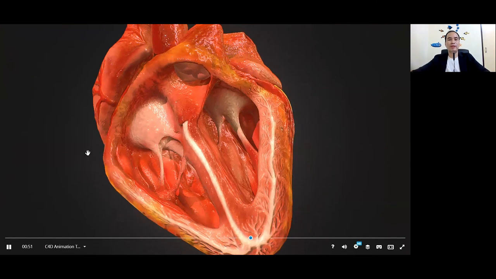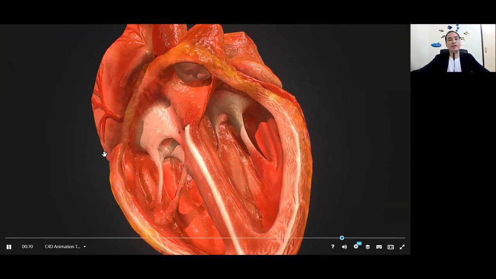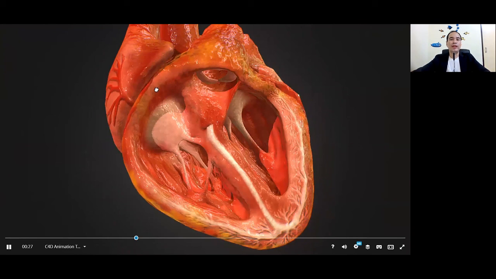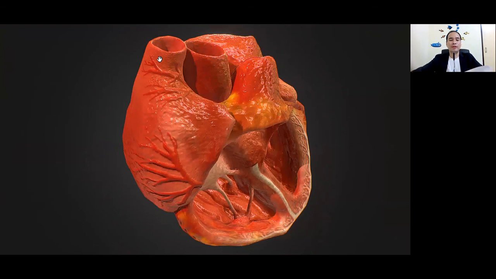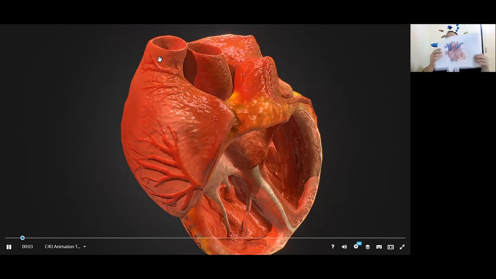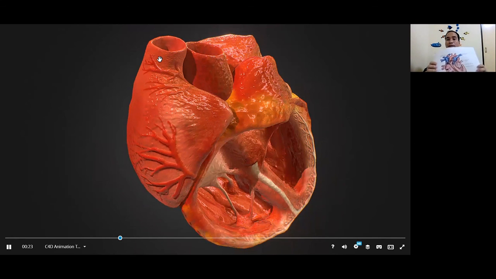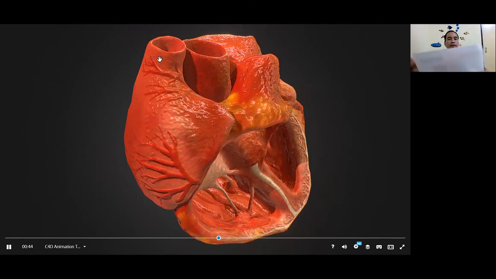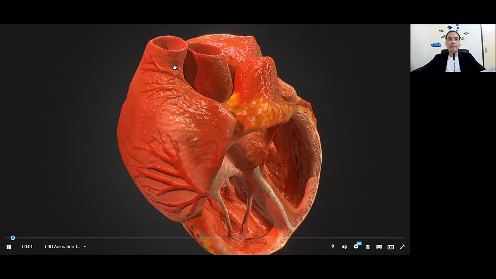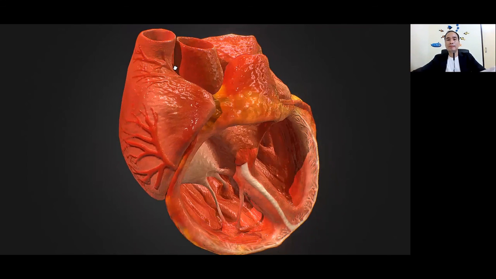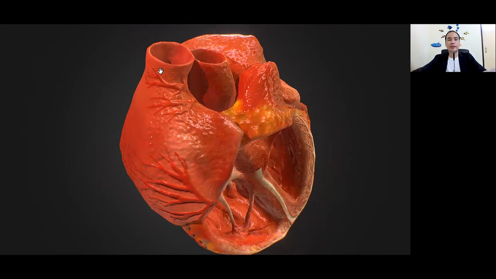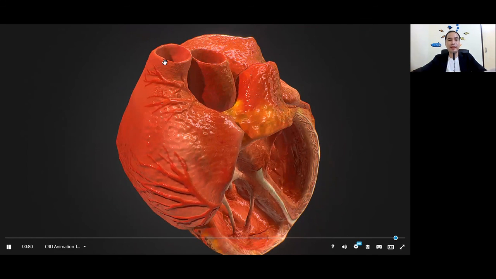So let's go now to your blood vessels. How many blood vessels were mentioned? There were 6, right? Look at your copy again if you forgot the names. This one is your superior vena cava.